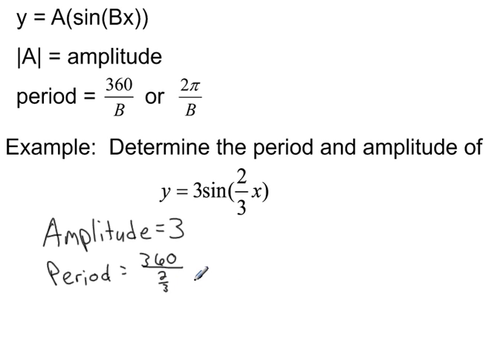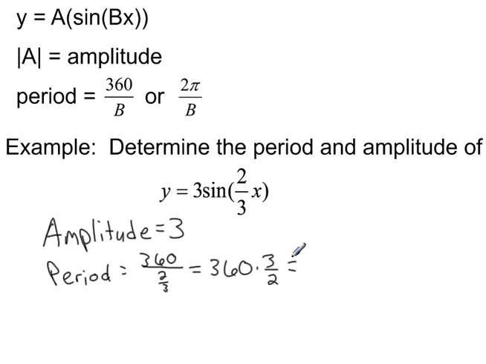Now, if you remember what to do when dividing by a fraction, you simply flip the fraction, so you take the reciprocal and you multiply it by what's on the top. So this is going to be 360 times 3 divided by 2. Alright, so some mental math here. 360 divided by 2 is 180. 180 times 3.